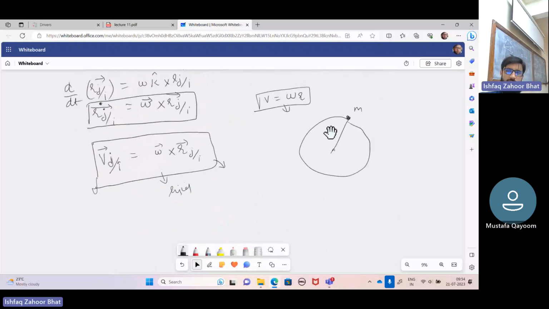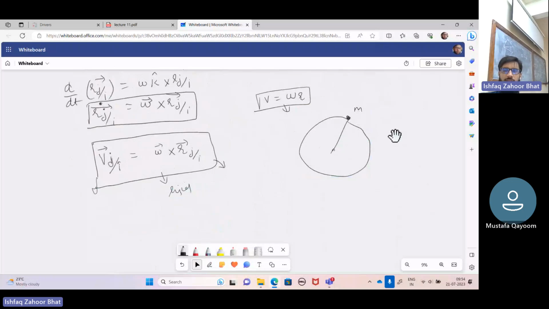See, m is a point mass, isn't it? There is no omega associated with this mass. But from your 10th, 12th, and other classes, you always say that omega is the angular velocity of this mass, and you never questioned: if this mass is a point mass, what do we mean by the angular velocity?